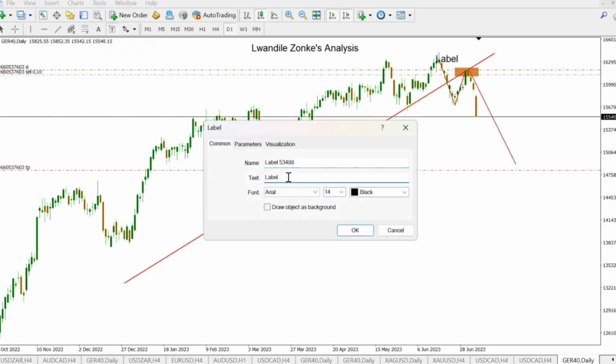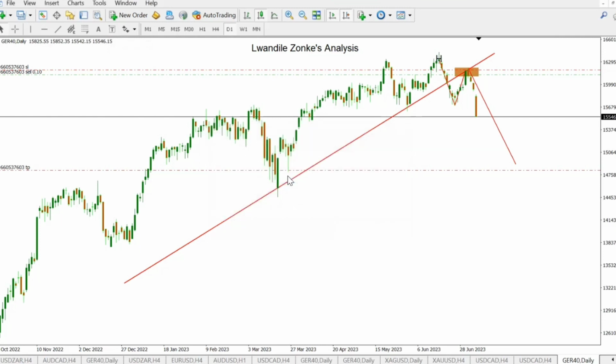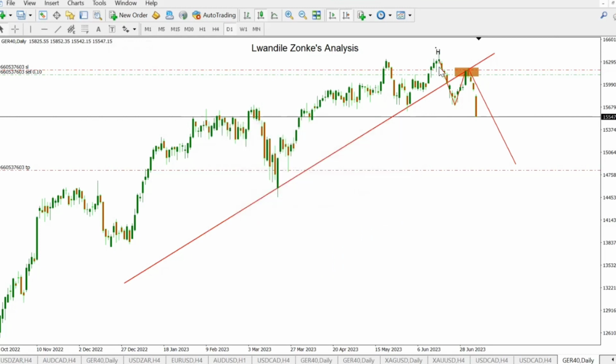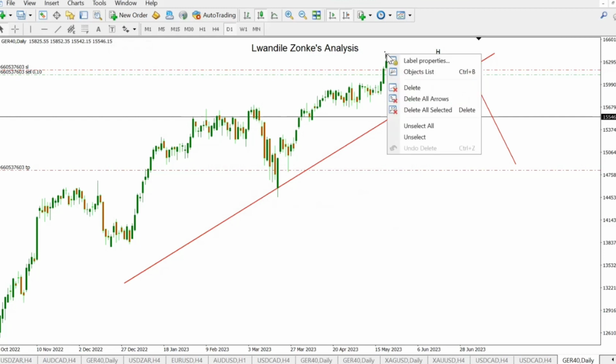So this on my head right here, maybe let me make this smaller. This was my head. And this was my left shoulder.